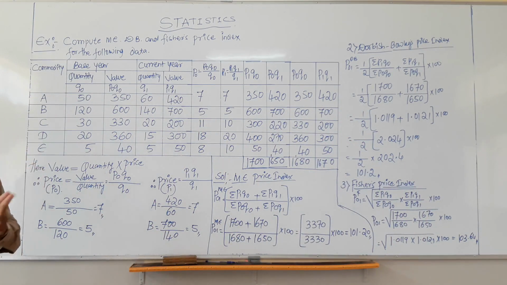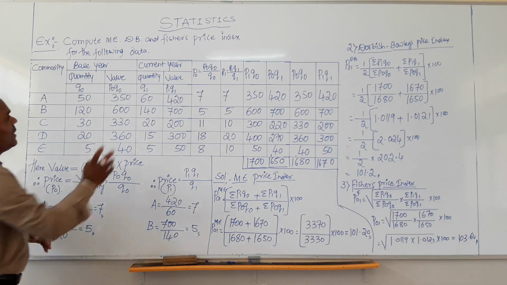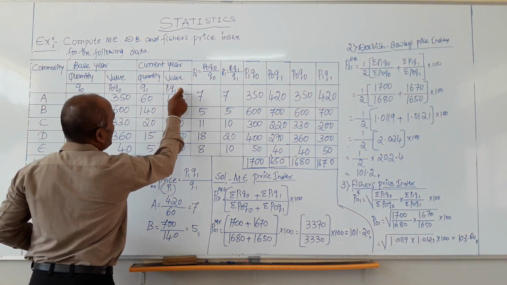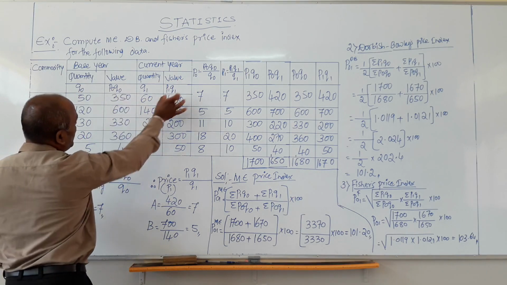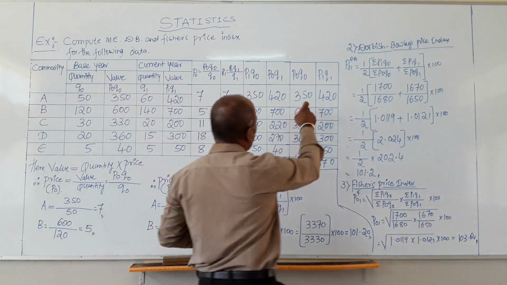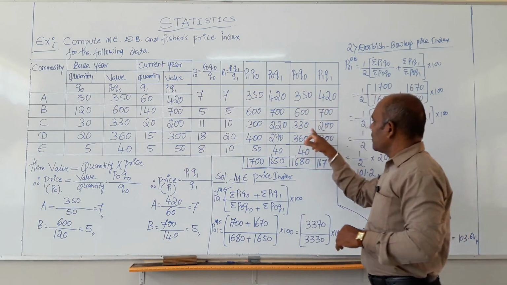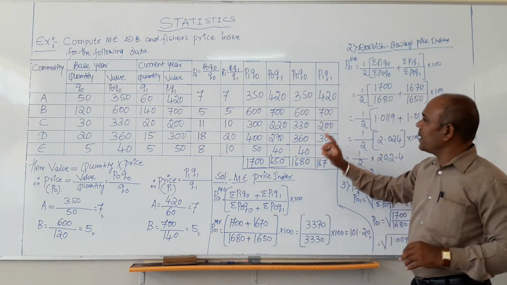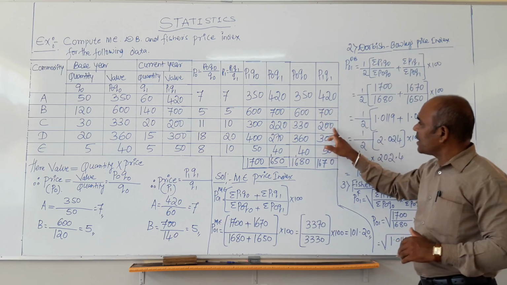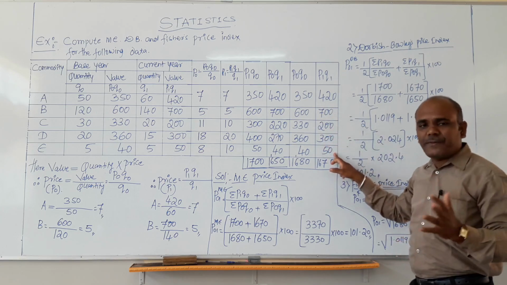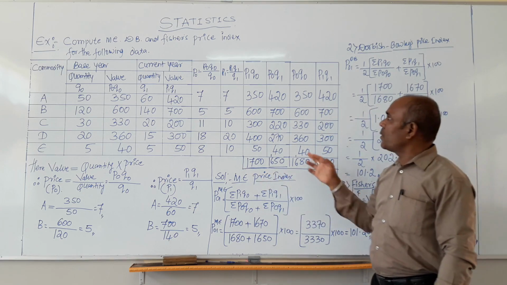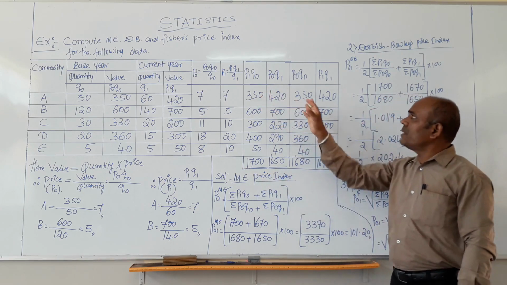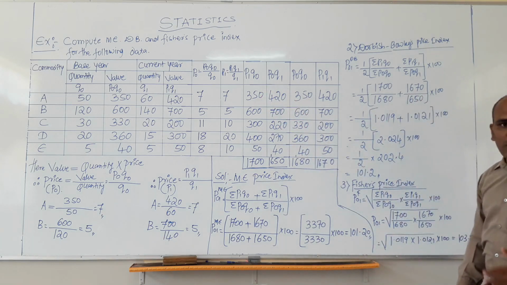In the current year, if they mention total expenditure or value, then it is considered as P1 Q1. So rewrite these two columns, P0 Q0, P1 Q1. So 350, 600, 330, 360, 40, 420, 700, 200, 300, 50. Then we need the sum of all these terms, P1 Q0, P0 Q1, P0 Q0, P1 Q1.